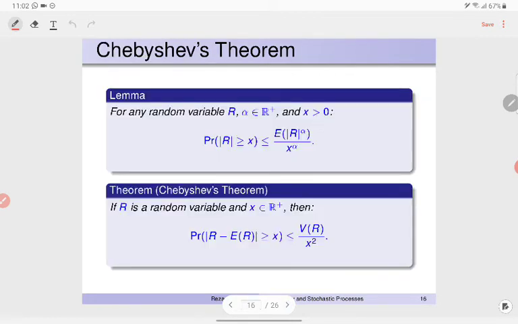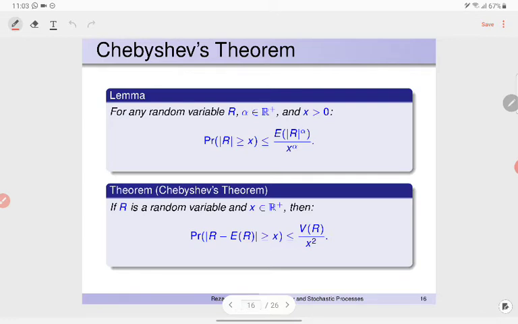Chebyshev's theorem. For any random variable, we have the following lemma, namely that we can generalize the previous Markov's theorem by taking the power of the random variable and the power of x, any power whatsoever.